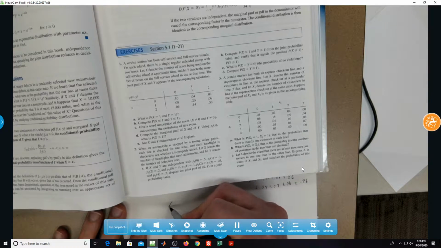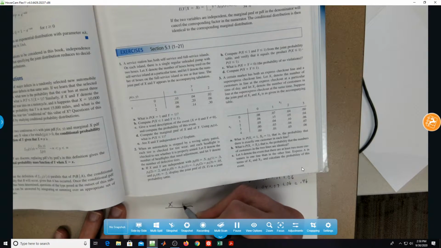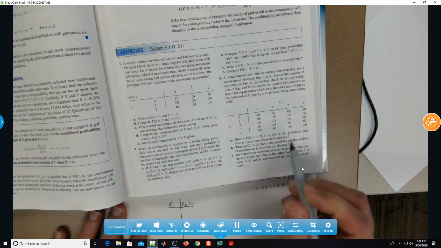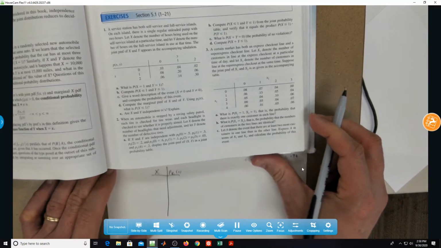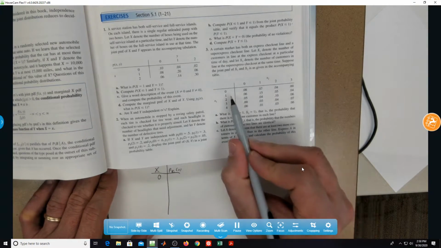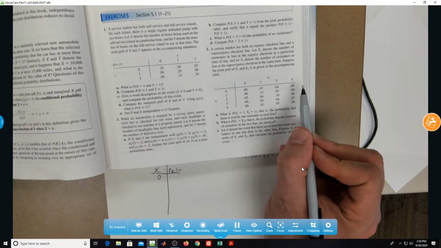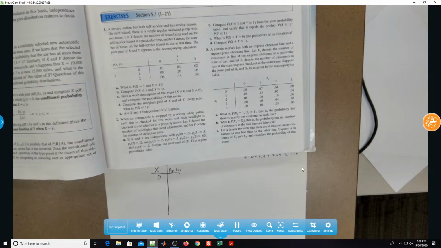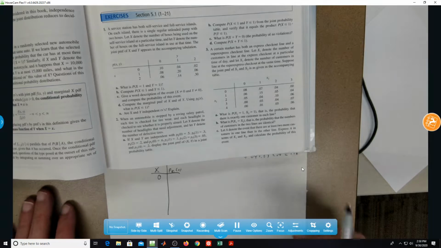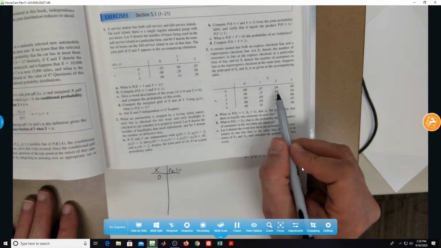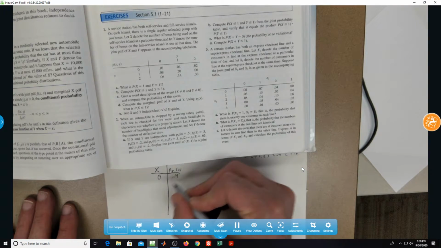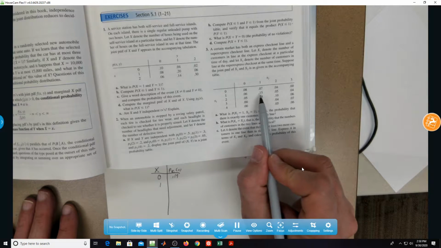So the probability of x1 at x equals 0: we keep x1 fixed and add all these across. P(0, 0), P(0, 1), P(0, 2). And so let's see, 8, 15, 19. That would be 0.19.